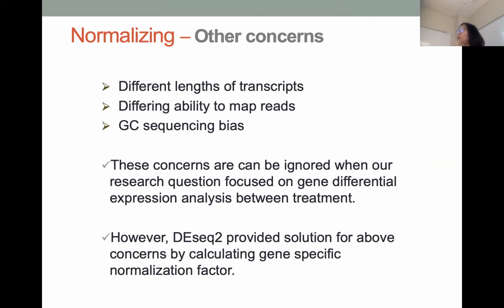But for the purpose of differential expression analysis between treatments, we can just ignore these concerns, because differential transcript length is something we need to take into consideration if we compare gene expression within one sample instead of doing differential expression analysis. But the good thing is DESeq2 now has solutions for these other concerns.